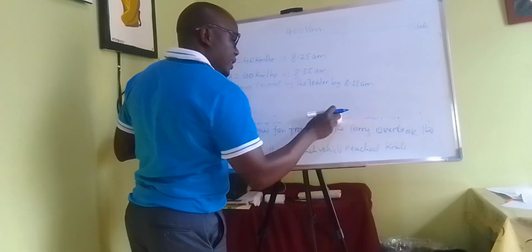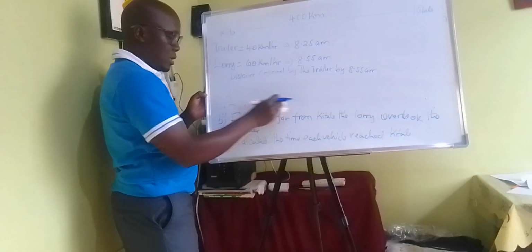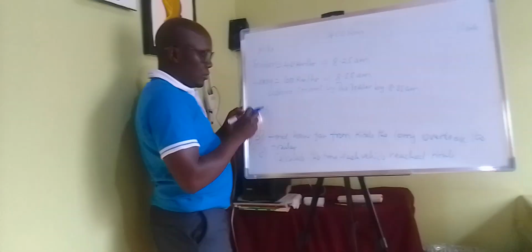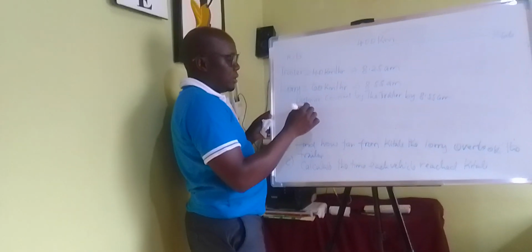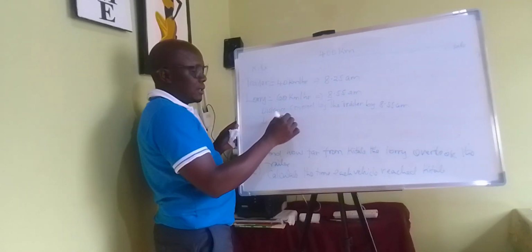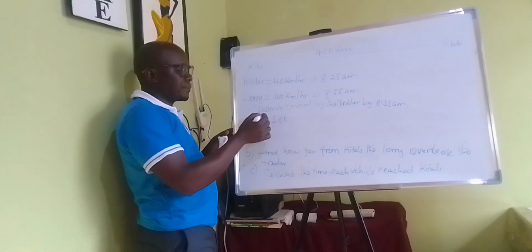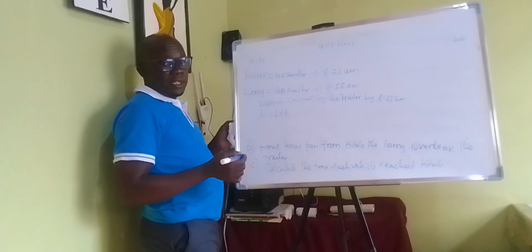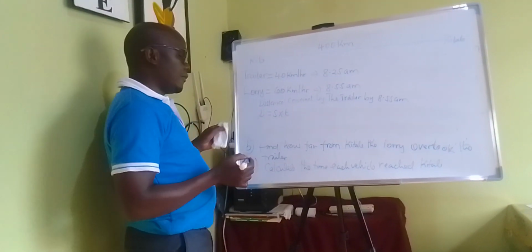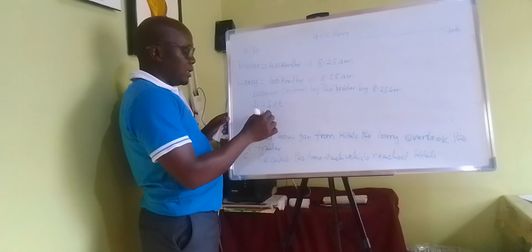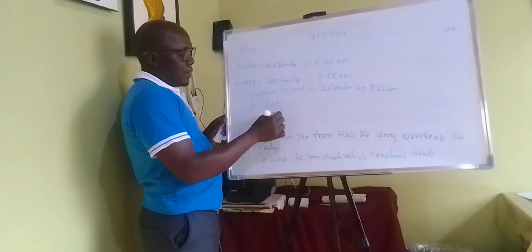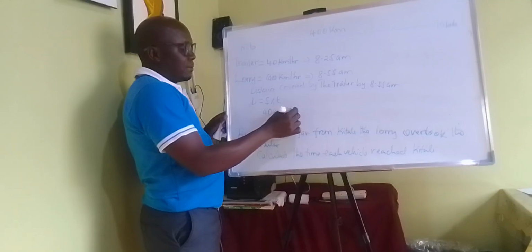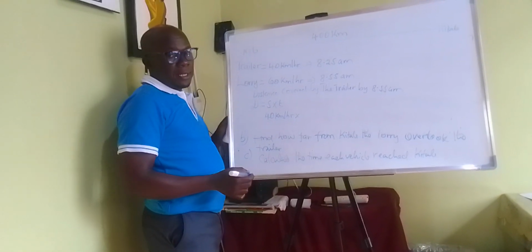How do we get the distance? We know distance is equal to speed times time. So we take the speed of the trailer, that is 40 kilometers per hour, and multiply by time.